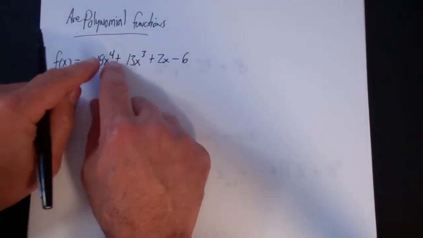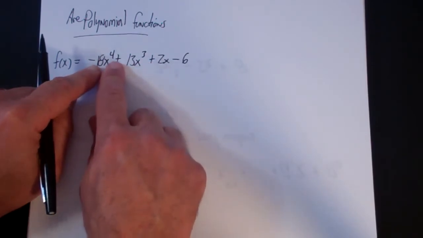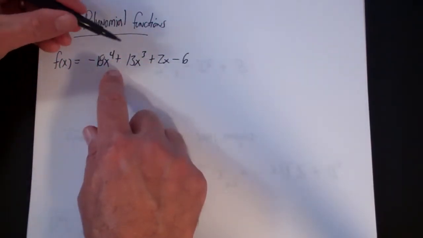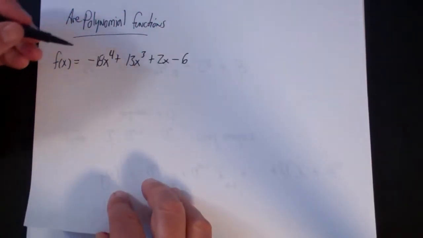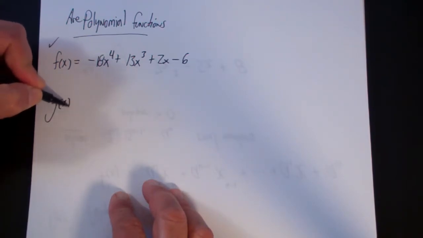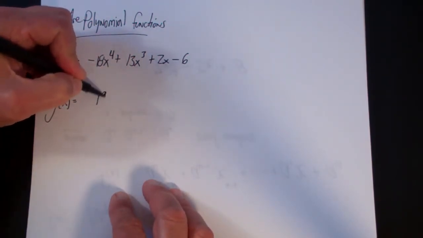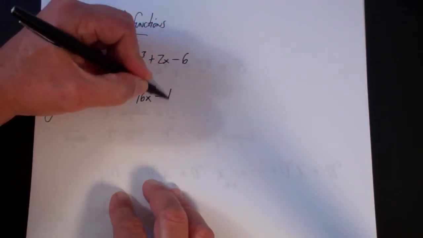If you notice, it's x to a power. In each case, the power is an integer and a positive integer, so that is a polynomial function. As is this one: g of x is equal to 19x to the third plus 16x minus 18.